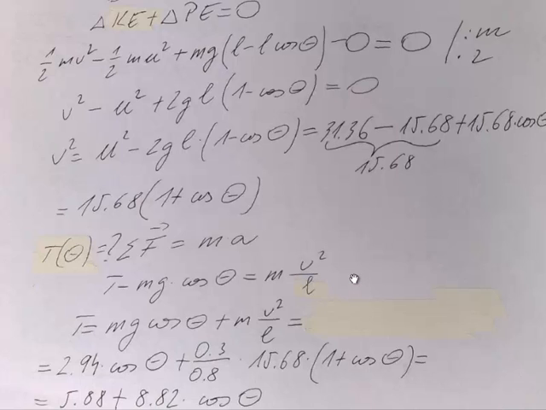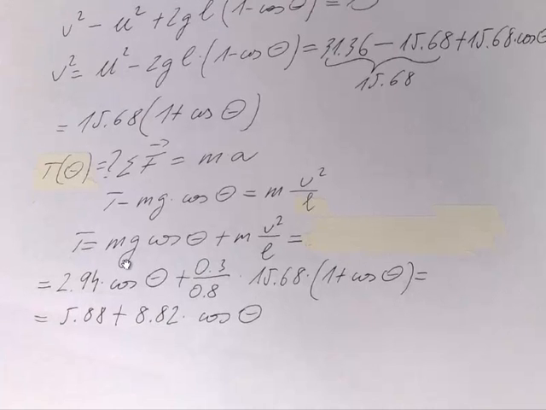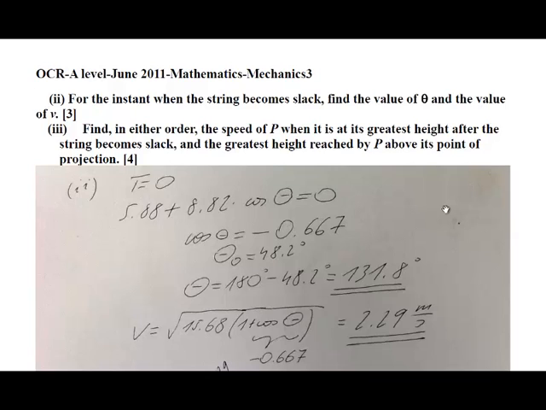Now the radius is L, and after substitution we get the tension. We have done this. For the instant when the string becomes slack, find the value of theta and the value of v.